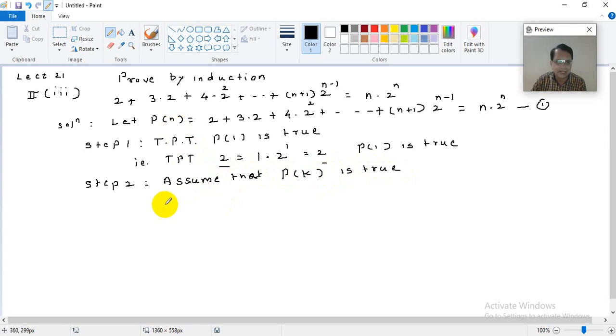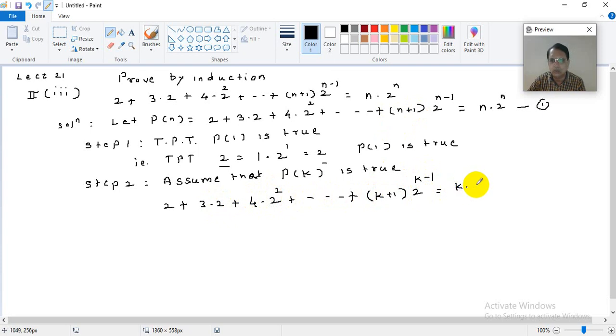So that means your left hand side will be 2 plus 3 into 2 plus 4 into 2 squared plus and so on. When you will put n is equal to k, this term will become k plus 1 into 2 raised to k minus 1, and this is equal to k into 2 raised to k. Right? This is the result A, assumption.